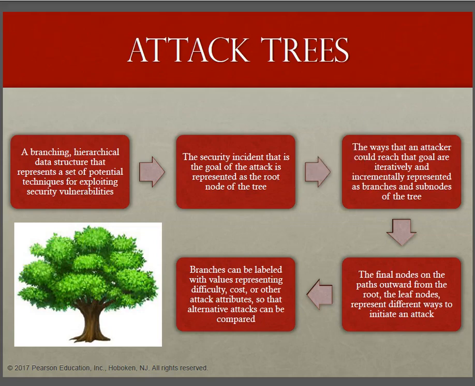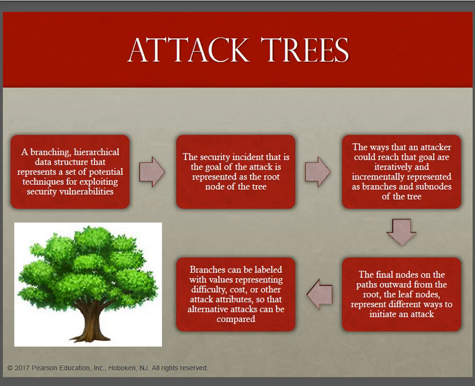An attack tree is a branching hierarchical data structure that represents a set of potential techniques for exploiting security vulnerabilities. The security incident that is the goal of the attack is represented as the root node of the tree, and the ways that an attacker could reach the goal are iteratively and incrementally represented as branches or subnodes of the tree.